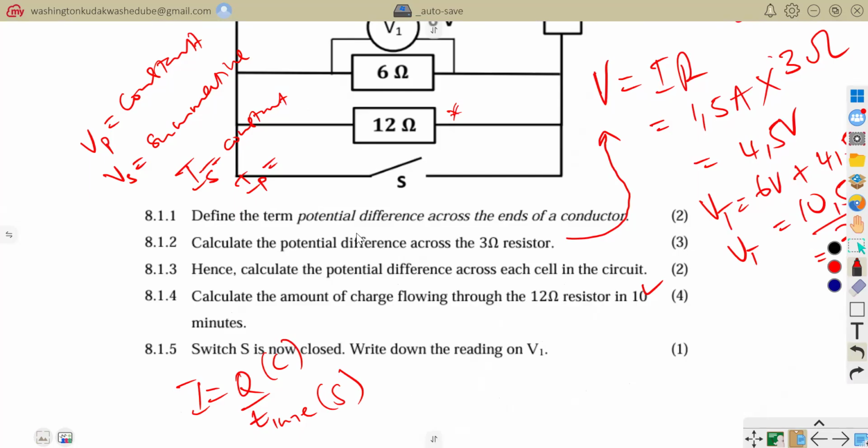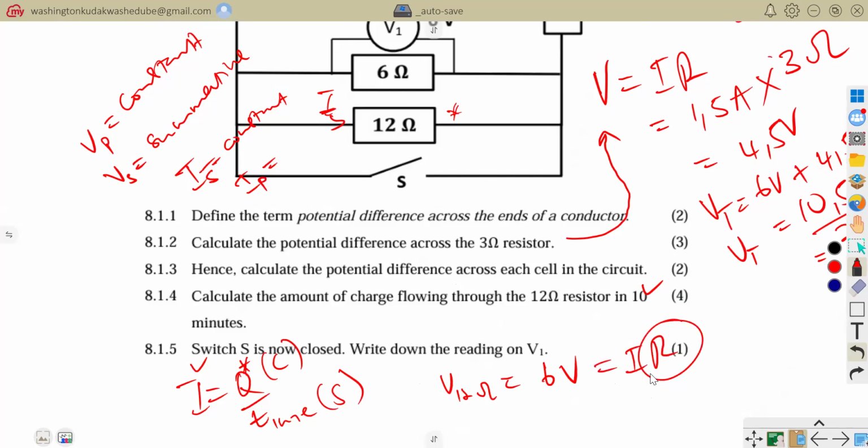So all we need to know is how much of the current that is passing through here. Once we know that current, we can find the amount of charge. So you can see that we said voltage in parallel is constant. So the voltage across the 12 ohm resistor is equal to what? 6 volts. So if I've got 6 volts, this is also equal to IR.